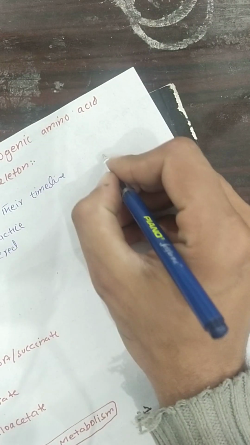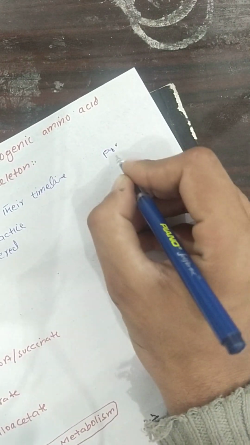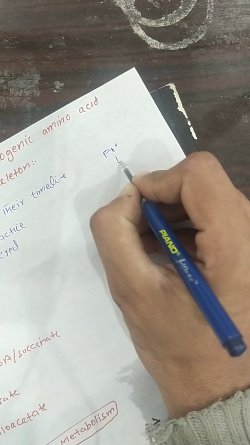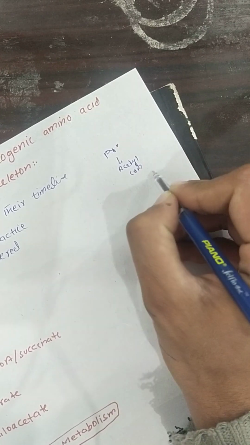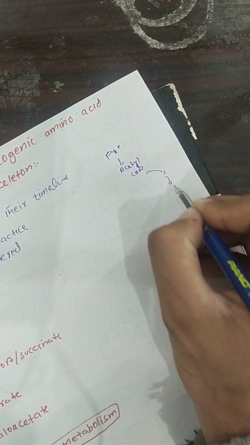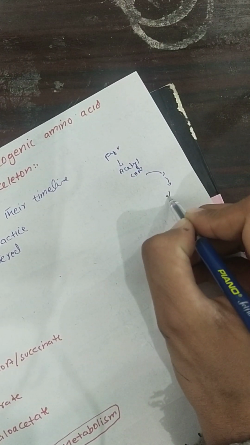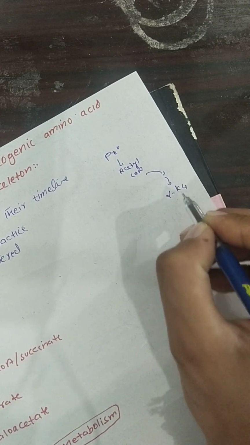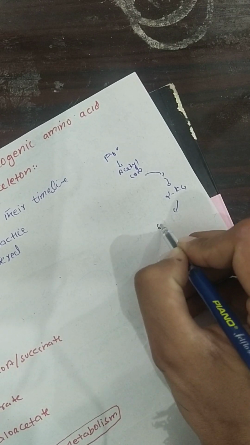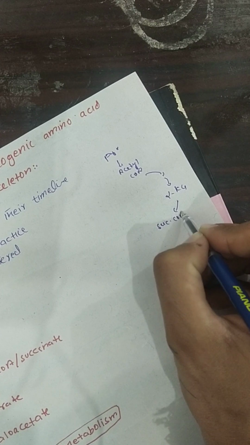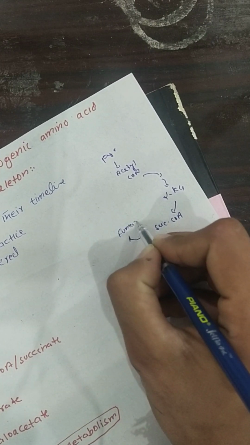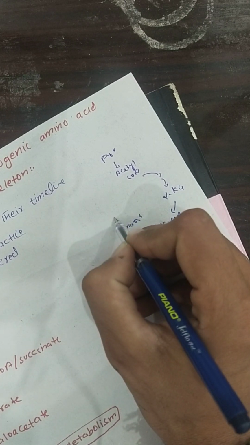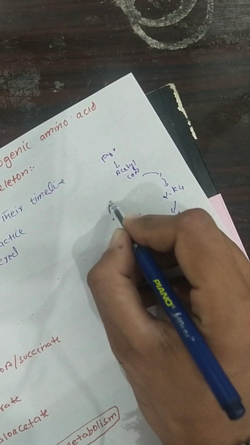In the TCA cycle we have pyruvate, which is converted into acetyl CoA, which is converted into citrate and alpha ketoglutarate, then succinyl CoA and succinate, which is converted into fumarate, then malate and then oxaloacetate.